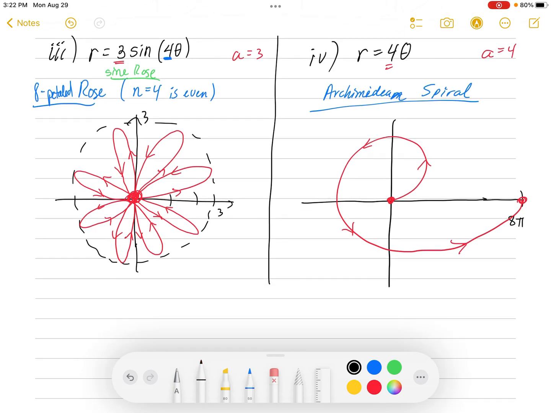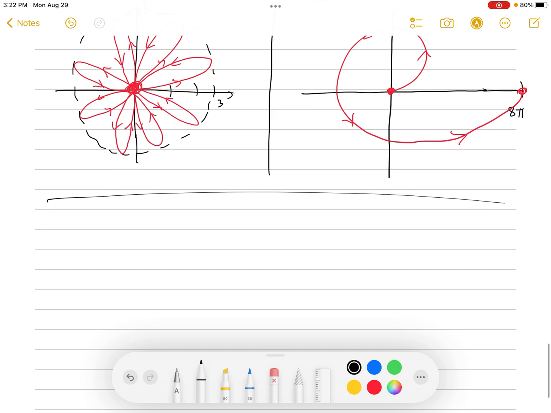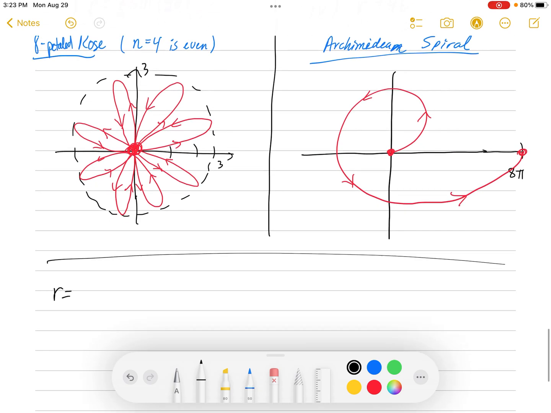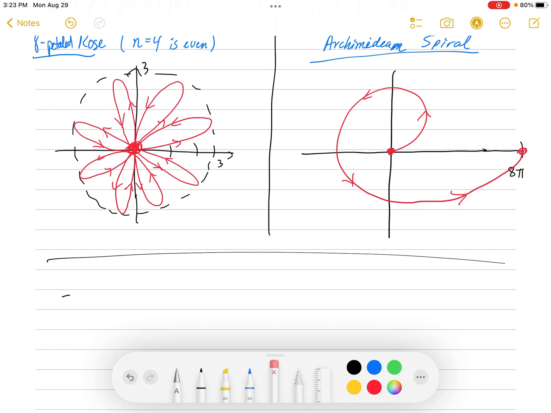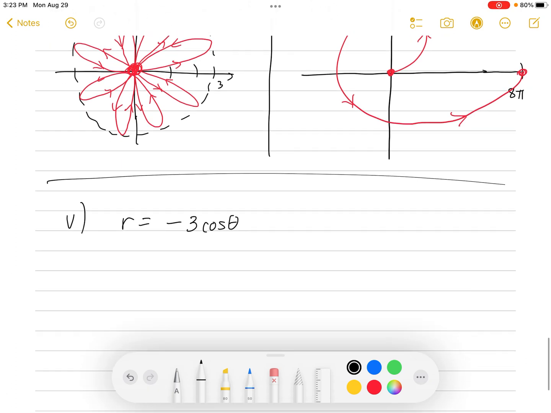What else? Now, what if you mix it up? How is this? Number 5. So we take r equals minus 3 cosine of theta. Here, theta is just between 0 and pi.